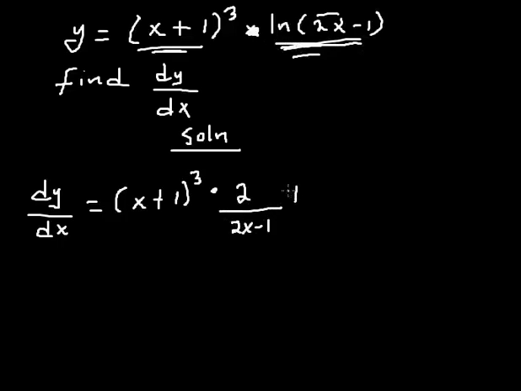Then plus, I'll go the other way around. This time around, I'm keeping this constant, that's going to be ln(2x - 1).